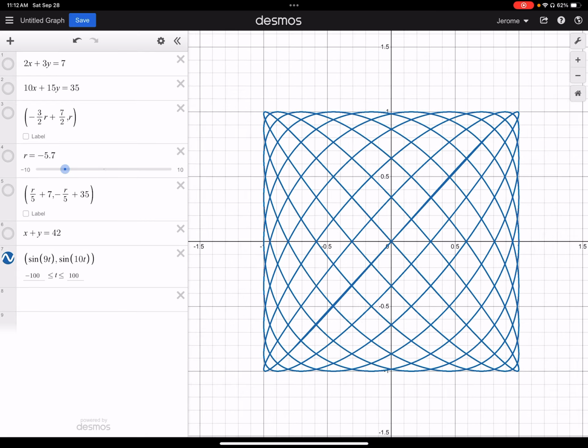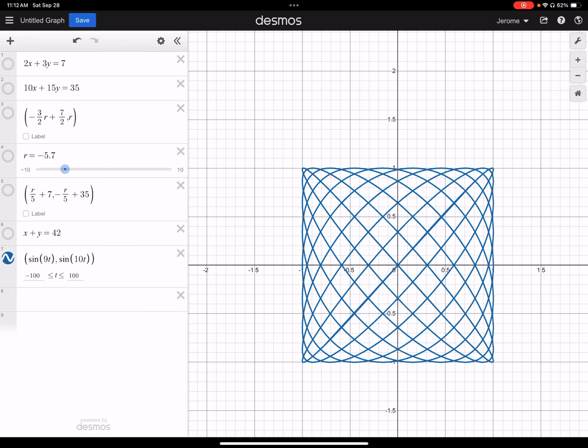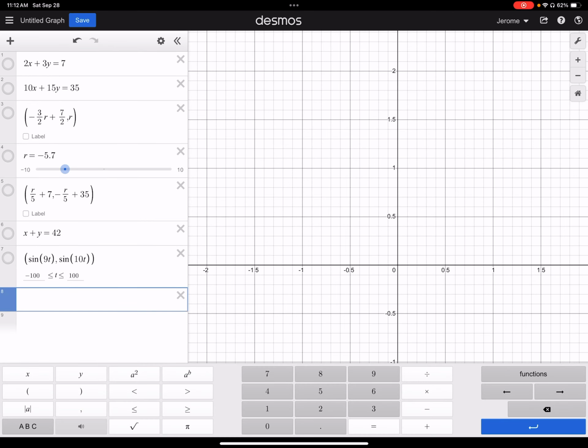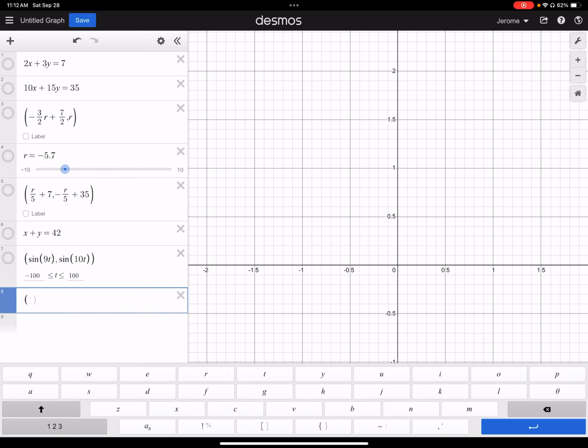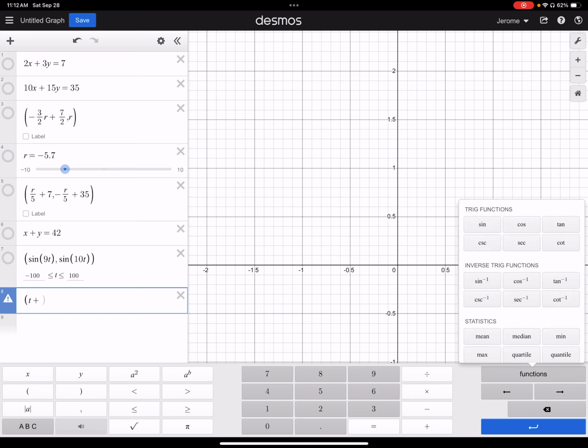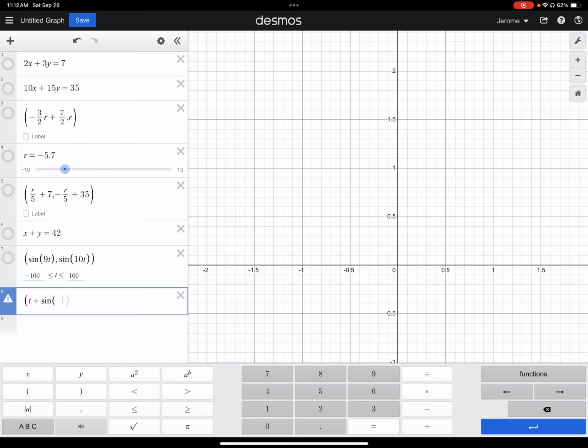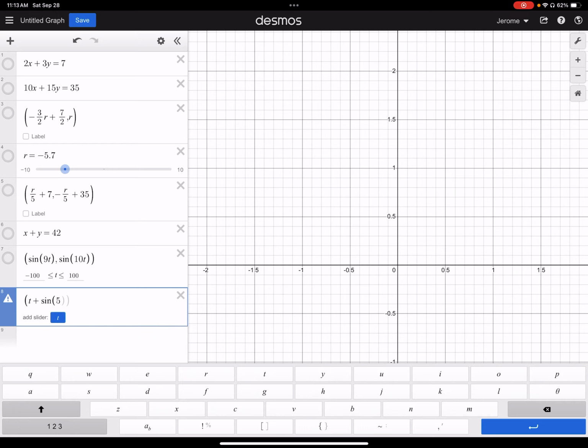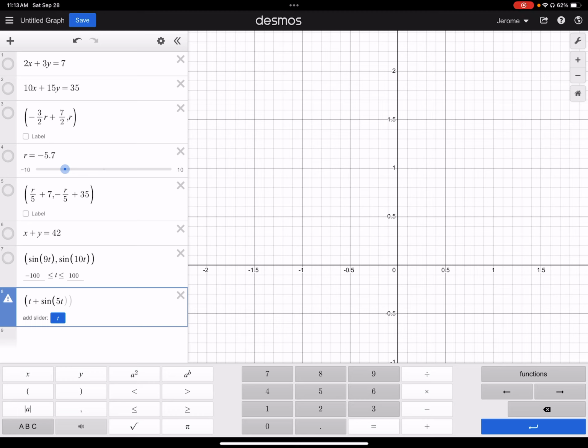Okay, I've got one more for you. Let me turn this one off, and then I'll show you something kind of cool on the internet. So here's the next one. It is t plus sine of 5t. I wish they would put a t on here because if they're using this thing as something that's capable of doing parametric equations, it'd be nice if it was just right there on the default keypad.